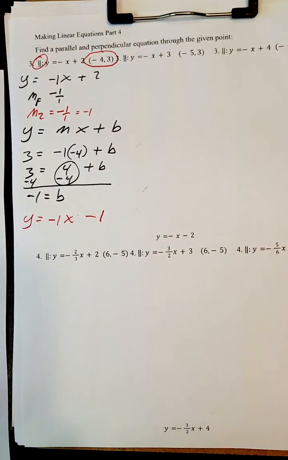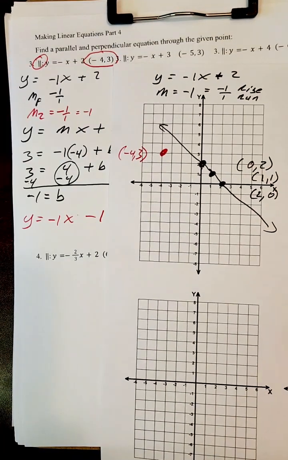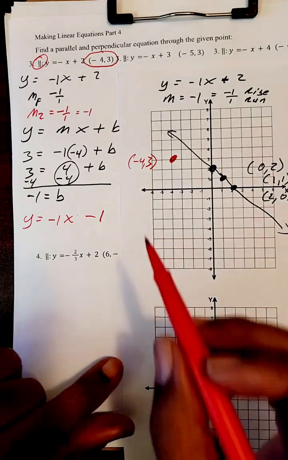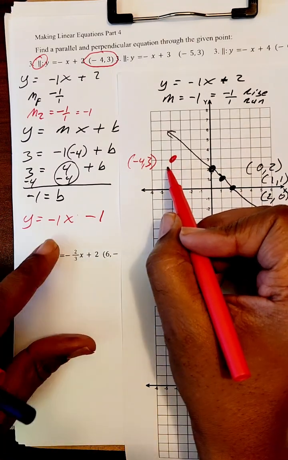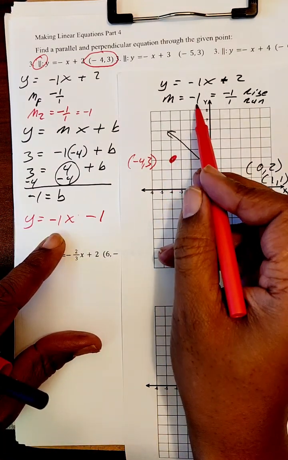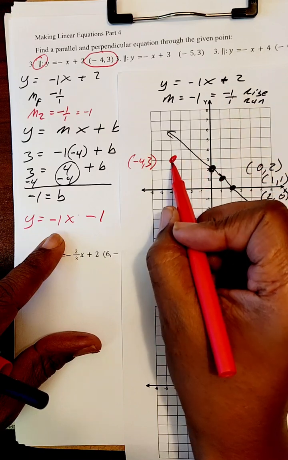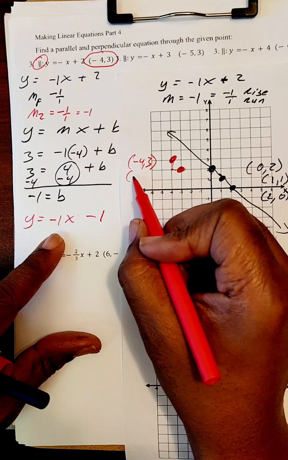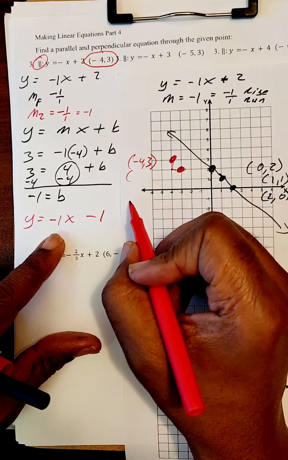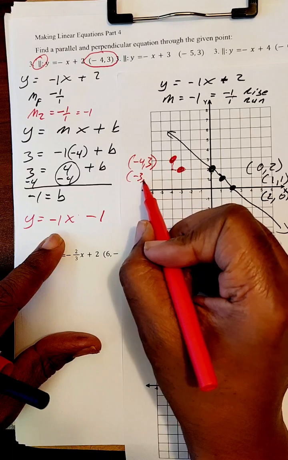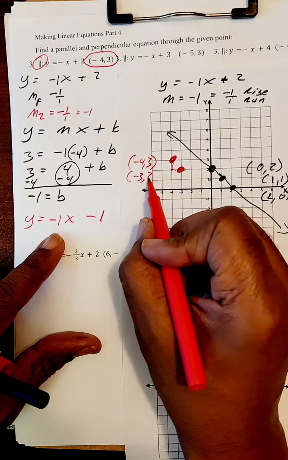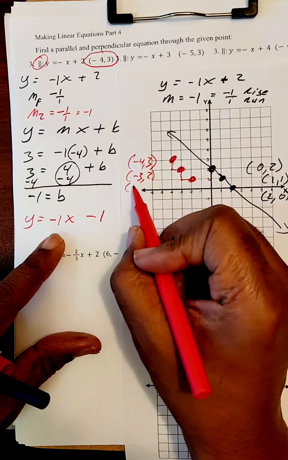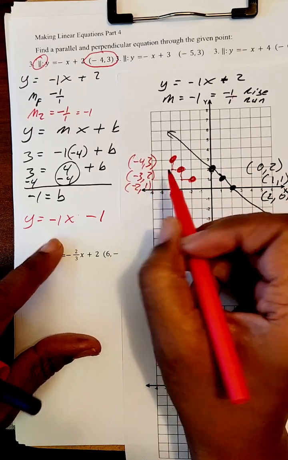All right, so let's graph that just to make sure we got the right thing. So we're just checking to see if we have the right expression. According to this slope, we're going to go down 1 over 1. So down 1 over 1. And that gives us a new point of x is negative 3, y is 2. And if we do it again, down 1 over 1, we're now at x is negative 2 and y is 1.